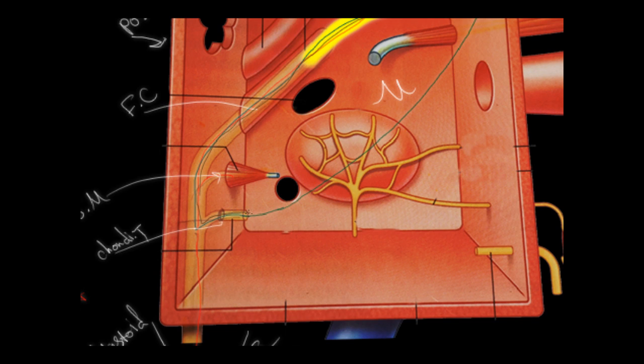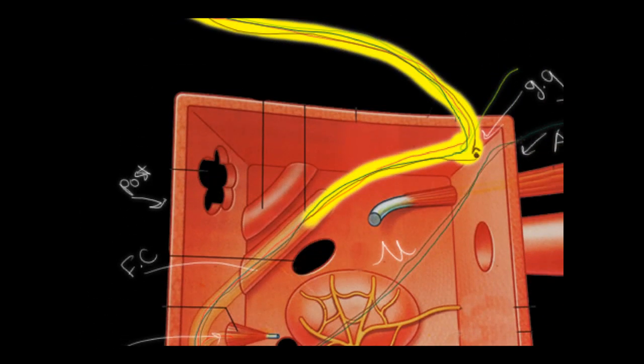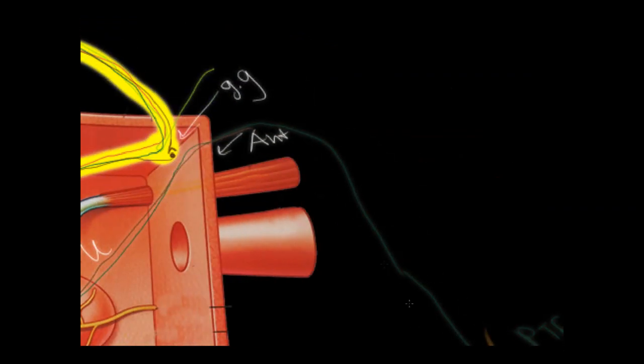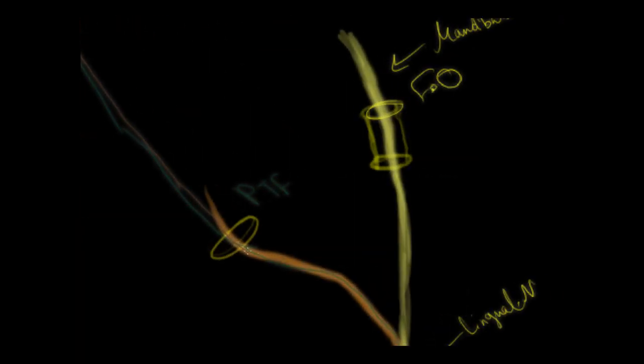But entering into chorda tympani nerve, and goes accompanying the parasympathetic innervation to the salivatory gland. Okay? Accompany with it. Petrotympanic fissure, goes down in there. Lingual nerve. From lingual nerve, we continue with the lingual nerve.